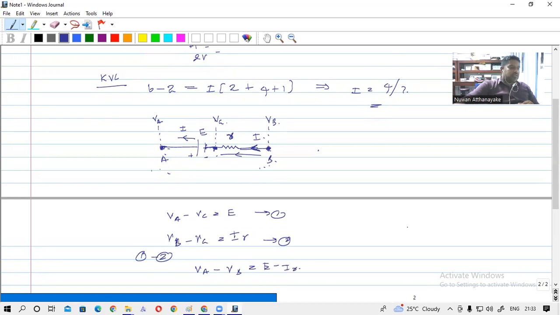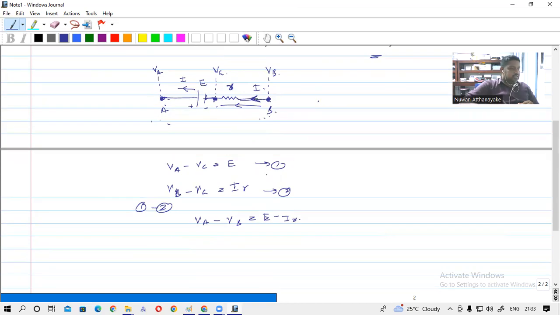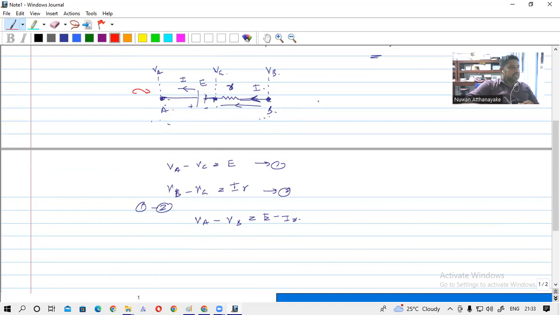So you can see that in this case the battery voltage, the terminal voltage V between the two terminals of the battery, will be equal to E minus IR.